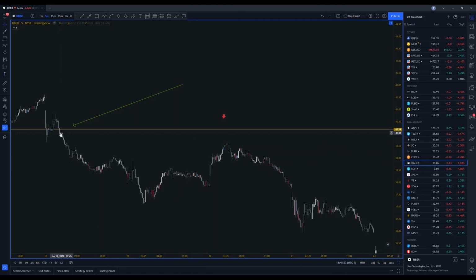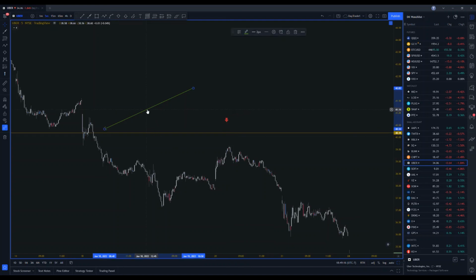You want to wait. So if you didn't want to get in on here, you could have gone in right here. The only downside is your breakdown entry was at $40.18. The retest happened at about $39.63, so it's a little bit lower than here. So you've missed out on some profits, but nonetheless, now you have confirmation that it's going to the downside.